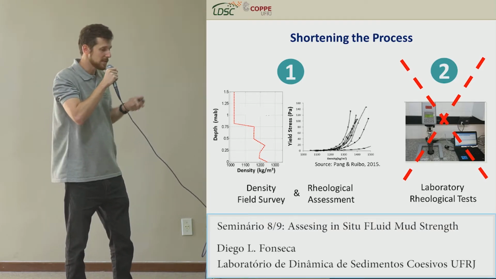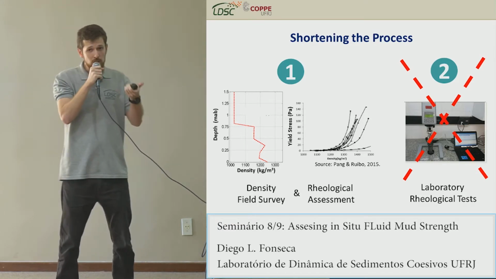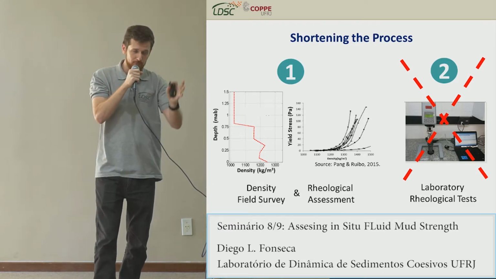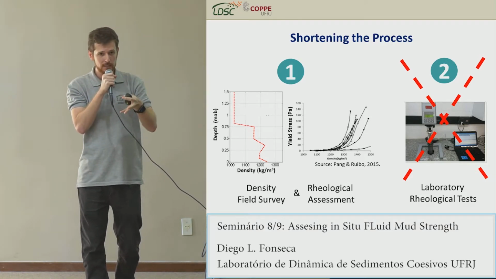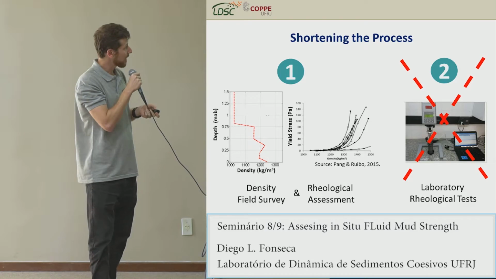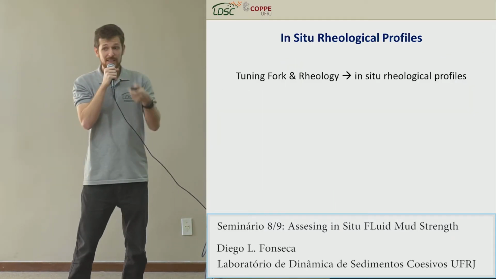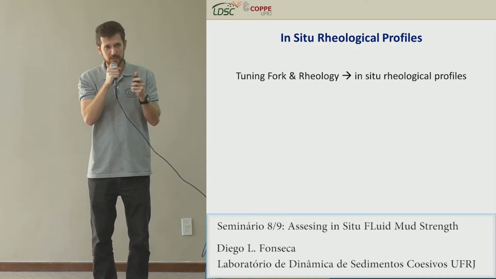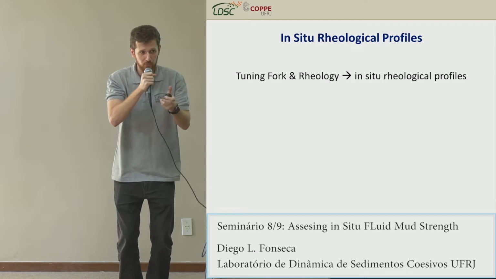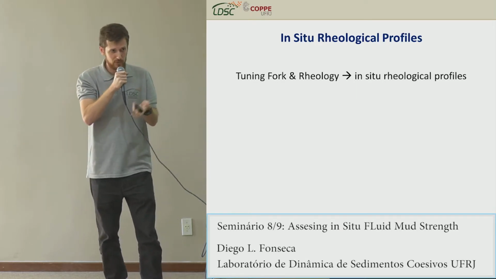And also, this is a good result, but the best one is that with this initial knowledge about the calibration procedure and now about the linking between rheology and calibration, we are trying to figure out how to do this in situ. Because before we needed rheological tests, now during the calibration we have rheological profiles, but we need the calibration procedure to assess this.